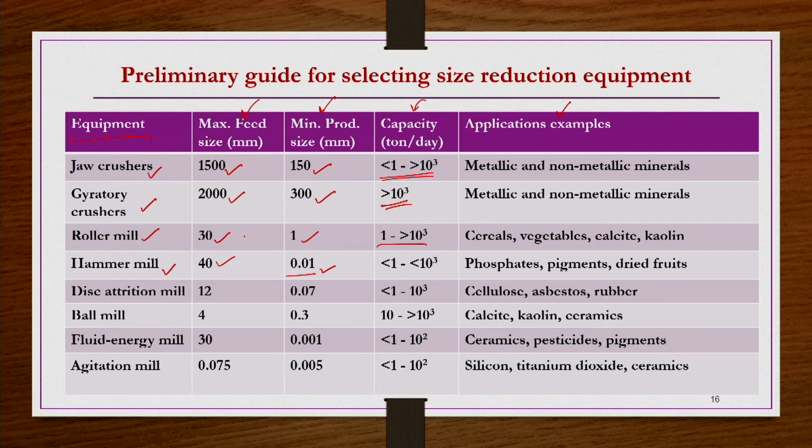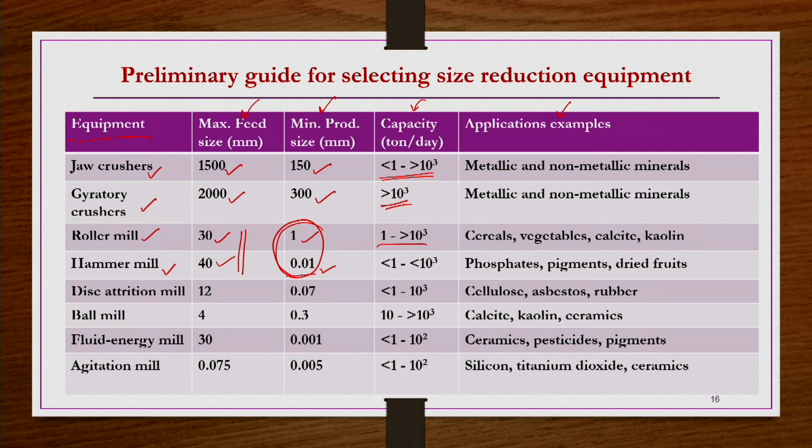Now, you can see the roller mill and then hammer mill, the maximum feed size they can handle is almost close to each other, 30 to 40 mm, but you can see the minimum product size is very much different. Roller mill can produce product up to 1 mm only, whereas the hammer mill can produce the product up to 0.01 mm, because in addition to impact, there is a kind of attrition also taking place in hammer mill.